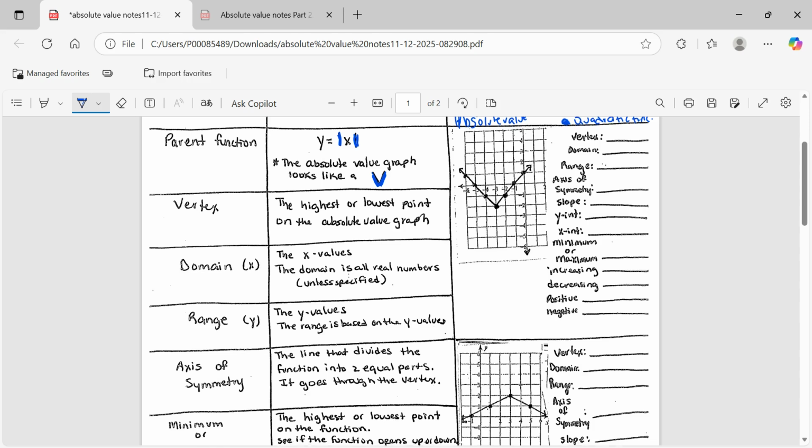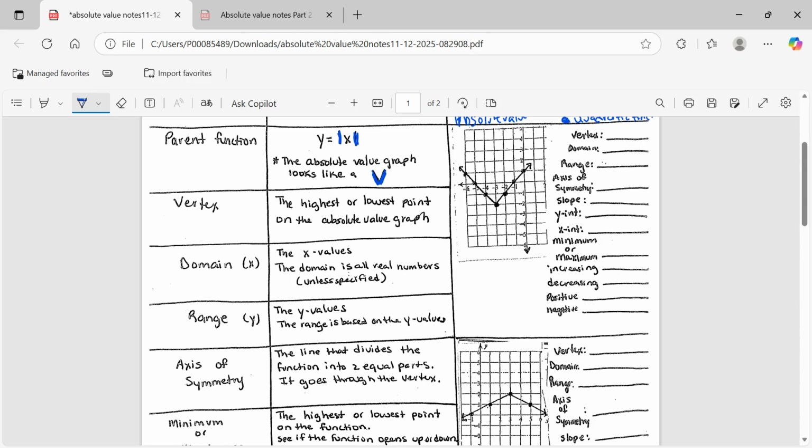When I look at that V shape, I notice that there is a vertex. The vertex is the highest or lowest point on the absolute value graph. It is where it changes direction, right there. That is the vertex of the absolute value function. The vertex is located here at -3, -2.